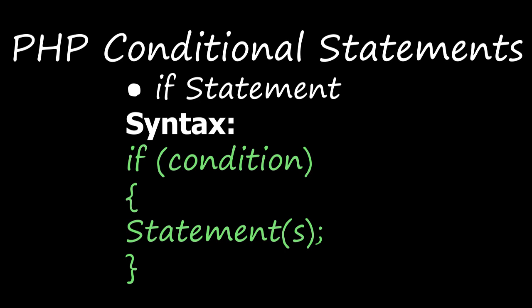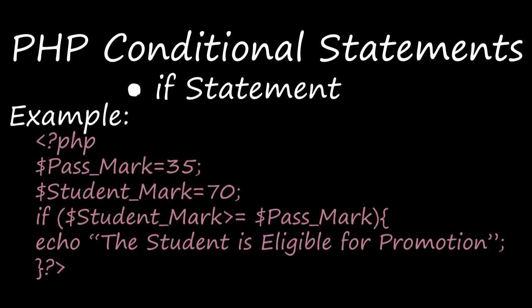Okay, see this example they have given. Pass mark is equal to 35 and the student mark is 70, right? If the student mark is greater than or equal to pass mark, the student is eligible for the promotion. This will be displayed. Okay, whatever comes inside this echo will be displayed, right? In every language we'll have some keywords. Likewise, in PHP, this echo is for getting the output, right?